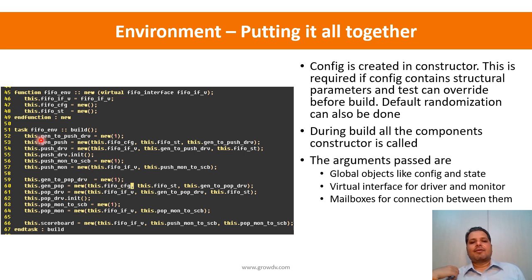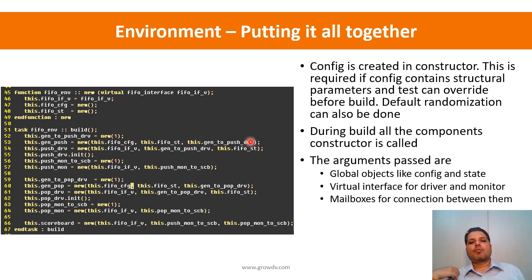Now after that, in the build, if you see, we are creating the gen to push driver mailbox, and if you see, the argument value is 1, so it is sized to 1, and then I am creating the gen push, and I am passing this FIFO config object that I've already created, FIFO state, which is another global object that I've already created, and then the gen to push driver mailbox, right?